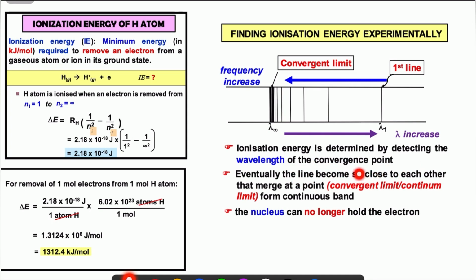We call it the convergence limit or continuum limit, from the continuous band. The nucleus can no longer hold the electron. At this point the electron is far from the nucleus, so we assume there is no attraction anymore between the nucleus and the electron. That's why we call it the convergence limit.